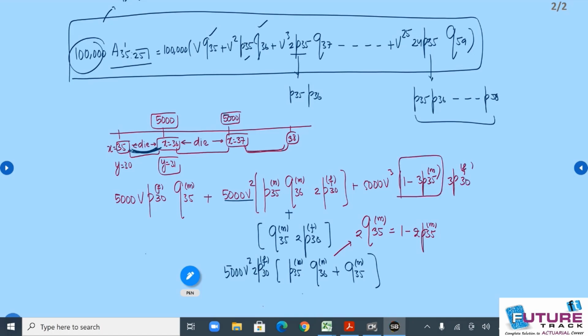So class, what is the meaning of this? This is 3Q35 male, which means the male may die in the first year, or the male may survive the first year and die in the second year, or the male may survive 2 years and die in the third year.